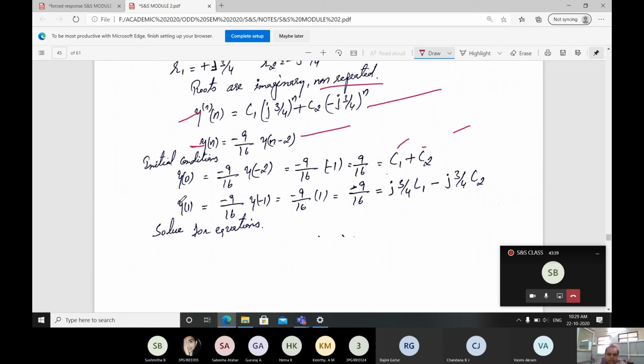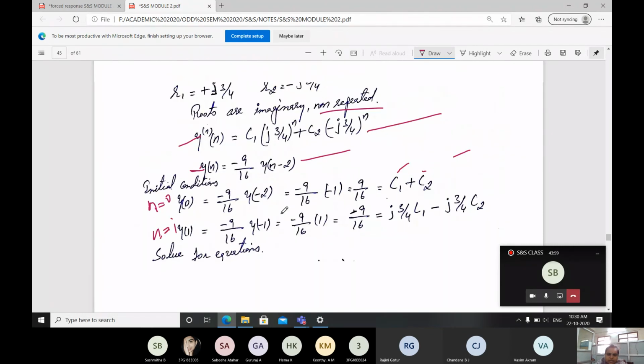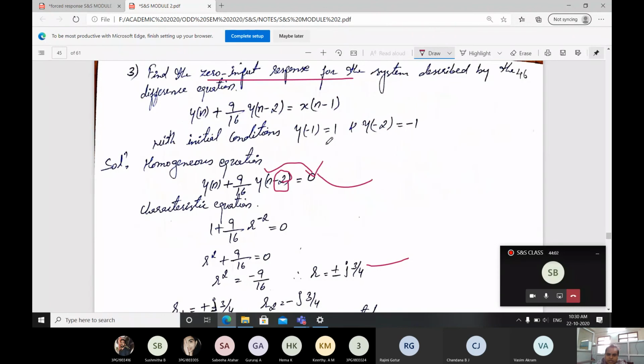Then for n equals 1, y of 1 is minus 9 by 16 times y of minus 1, which is 1, as given.